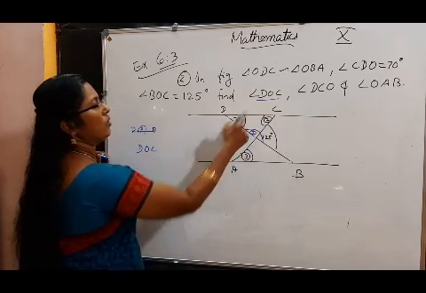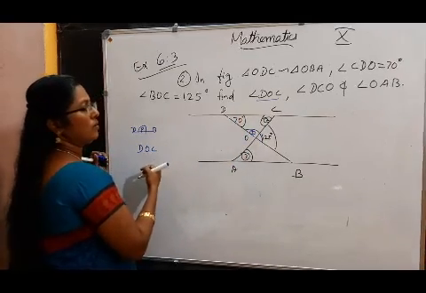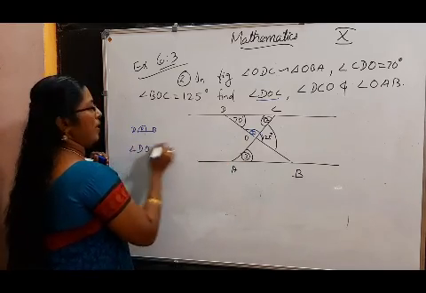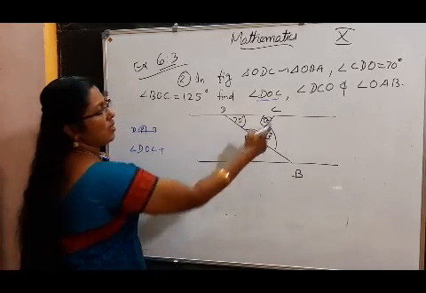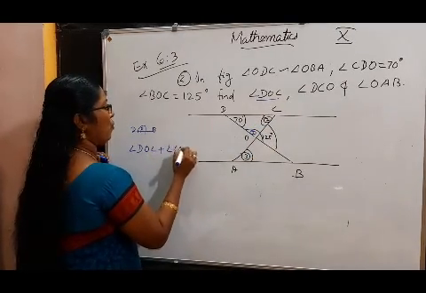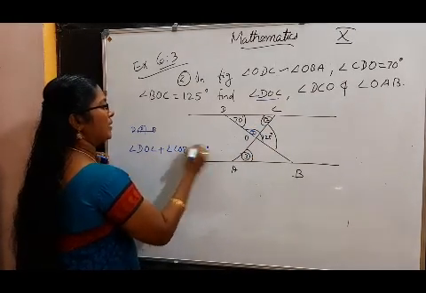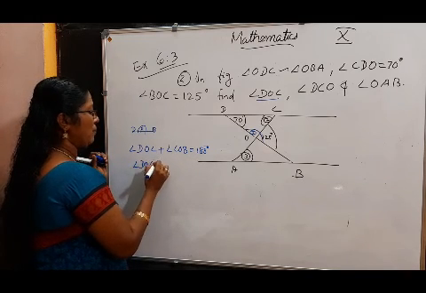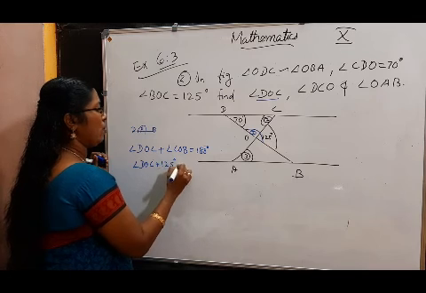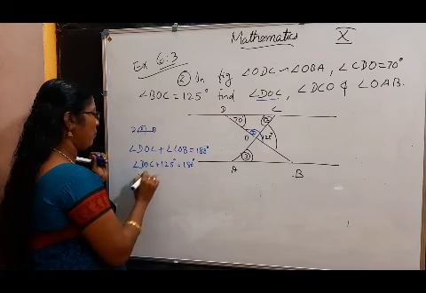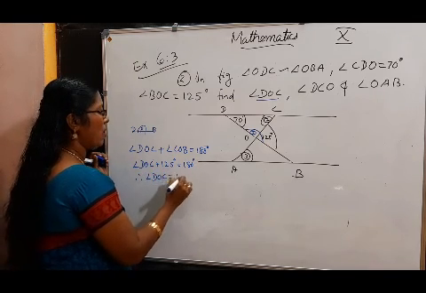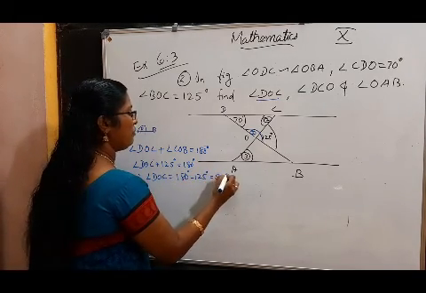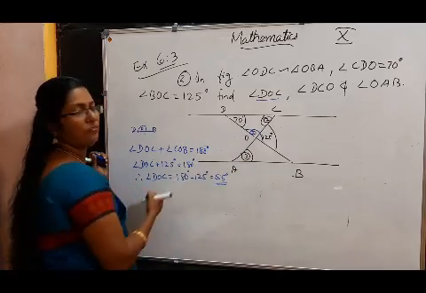DOC is 1. So angle DOC plus angle COB equals 180 degrees. Angle DOC plus 125 degrees equals 180 degrees. Therefore, angle DOC equals 180 degrees minus 125 degrees equals 55 degrees. This is 55 degrees.